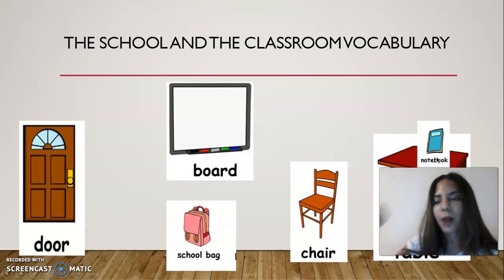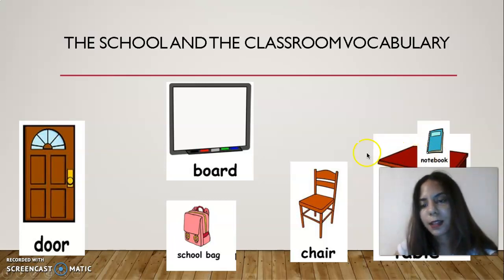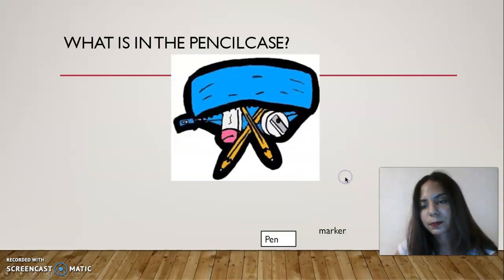We also write on the notebook. Okay, so these are some objects that we can see in our pencil case. This is the pencil case. Let's shake our pencil case.